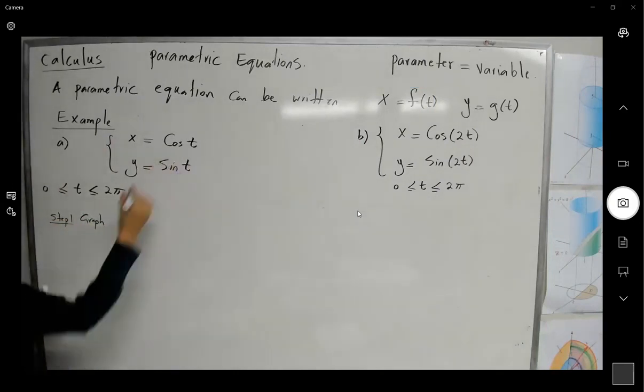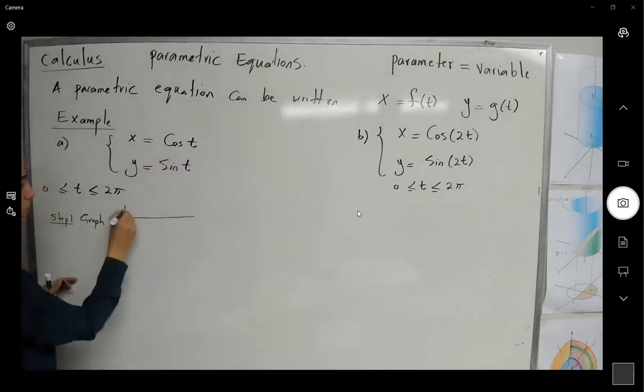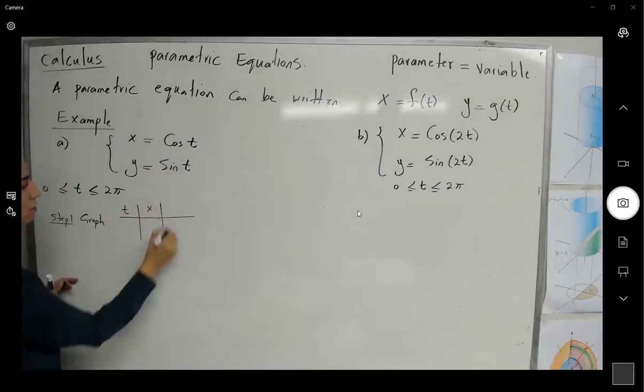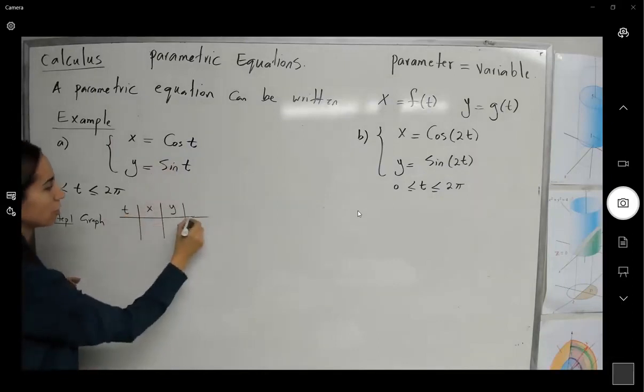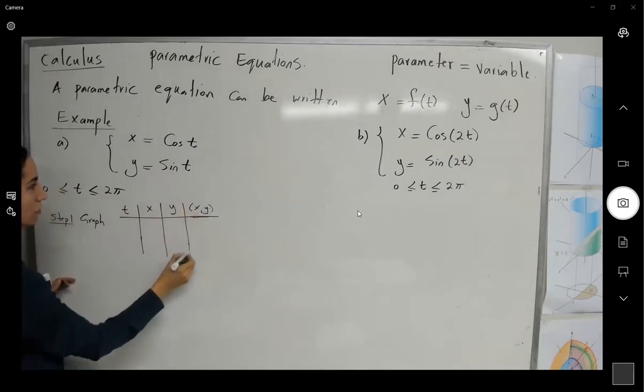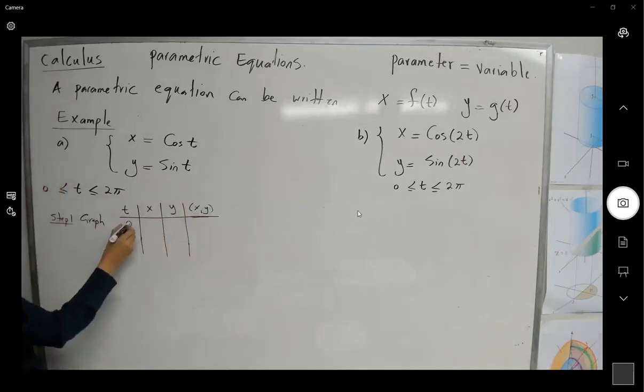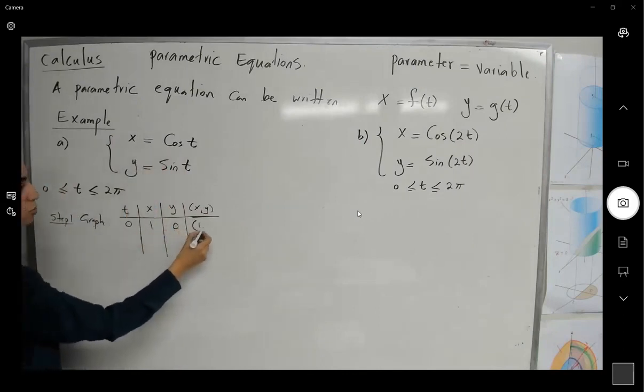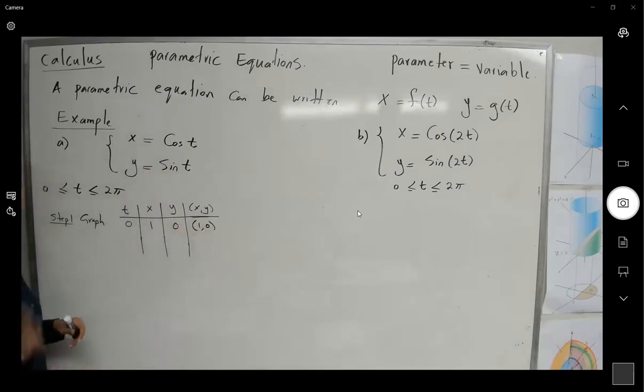We can plug in different values for t, and then find x, find y, and the point xy. So t starts from 0. When t is equal to 0, your x is 1, your y is 0. So 1 and 0 is the starting point of the movement of this particle.